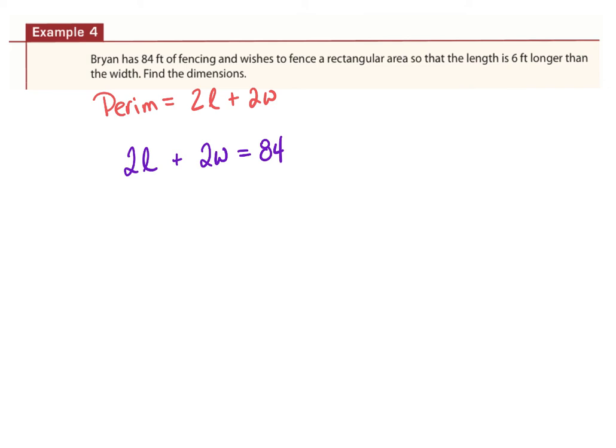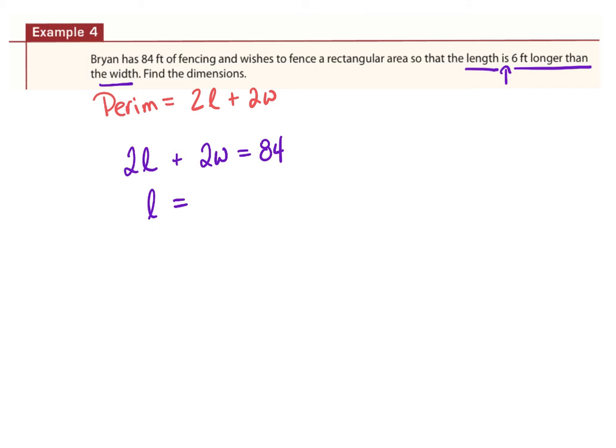It says the length is 6 feet longer than the width. Length, that is my L, equals, how would I write 6 longer than the width in variables? 6 feet longer. What am I going to write?